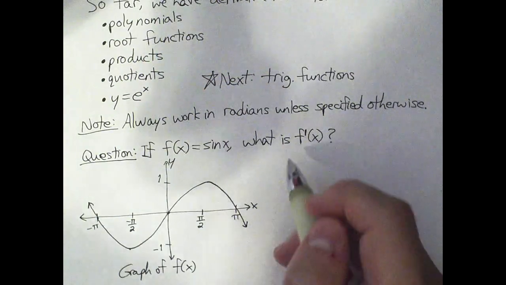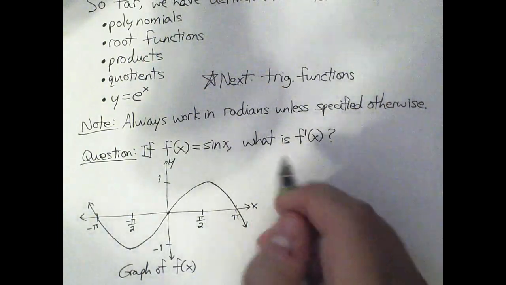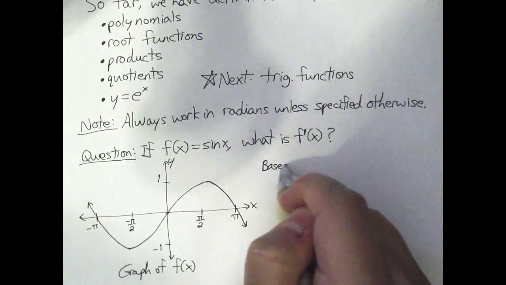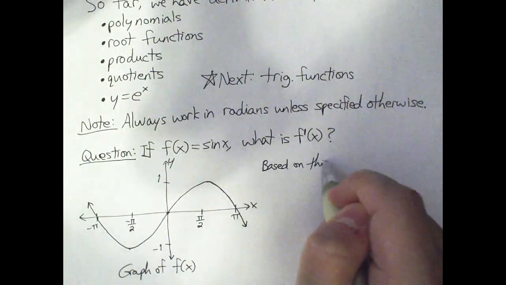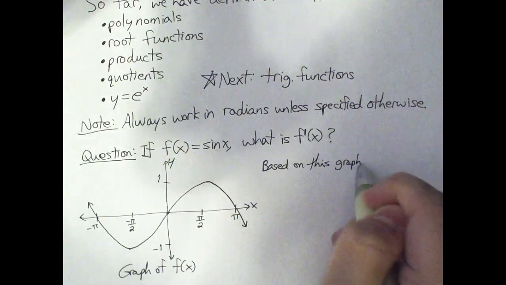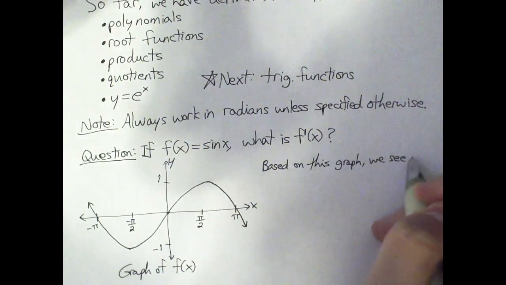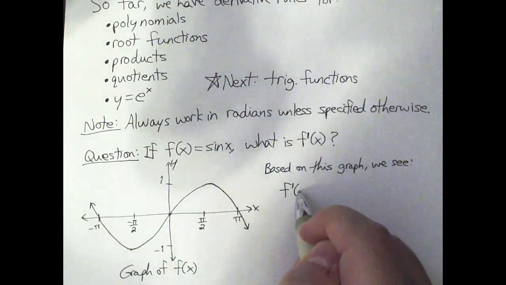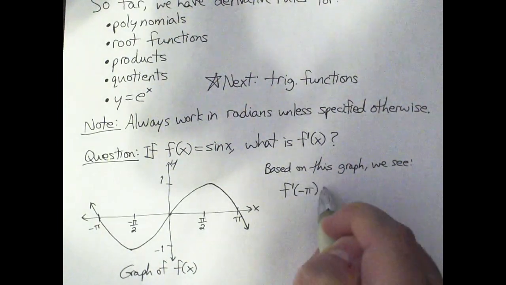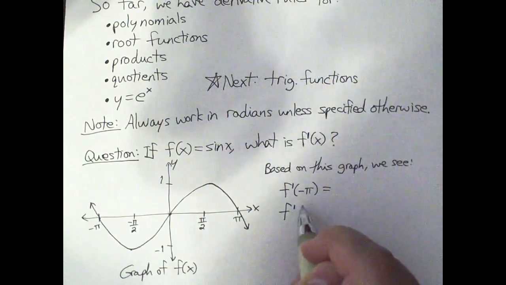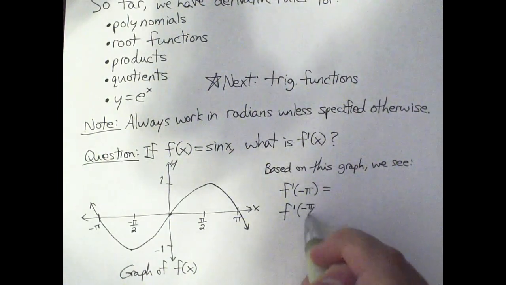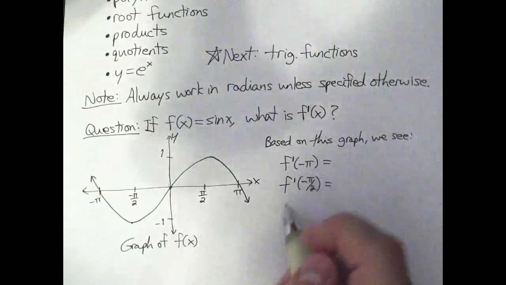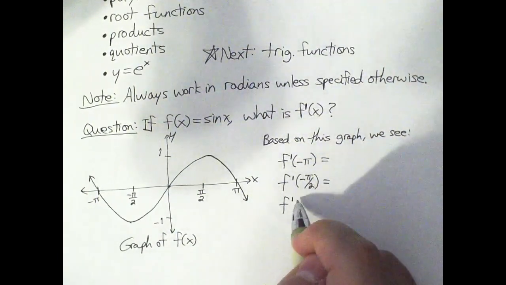For example, if I were to ask, based on this graph, can we figure out f prime at some specific values? I'm going to set up 5 values for us to think about. And I'm not asking for f values. That would be easy. I'm asking for f prime values.